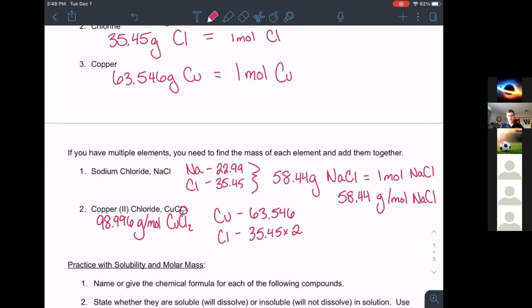So we multiply that by 2 and get 70.9, and then we can add those 2 together. So instead of 98.996, you should get 134.446, because there are 2 chlorines present.